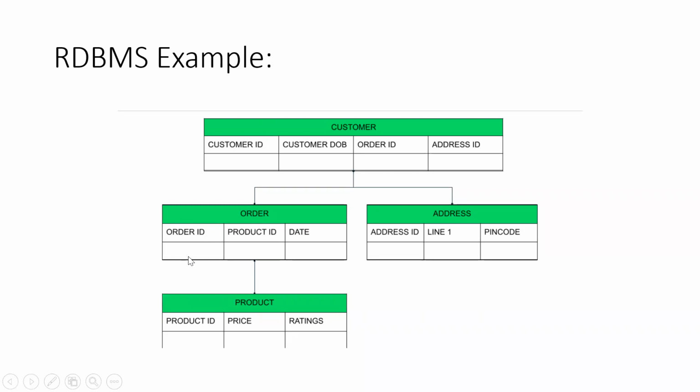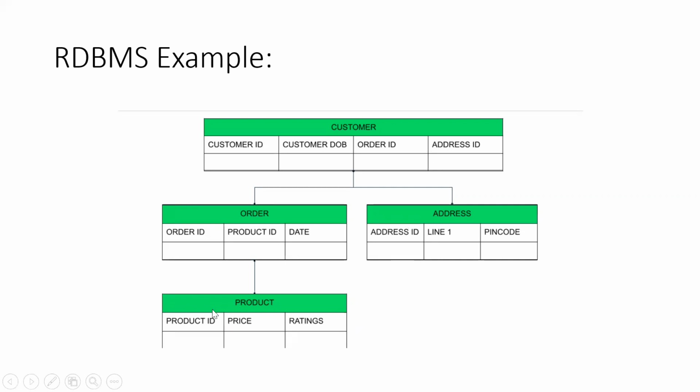Order ID is the primary key from the order table, and order ID is the foreign key of the customer table. Similar kind of stuff: address ID is the primary key of the address table, and address ID is the foreign key of the customer table. So we can set up relationships between these two tables by address ID.